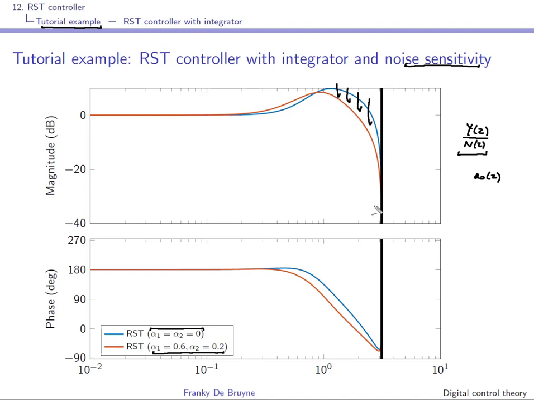So if you work on a practical example where of course the controlled output will be subjected to noise, you'll have to play with the roots of the observer polynomial to improve the noise sensitivity.